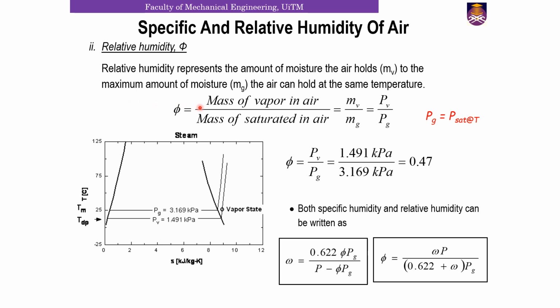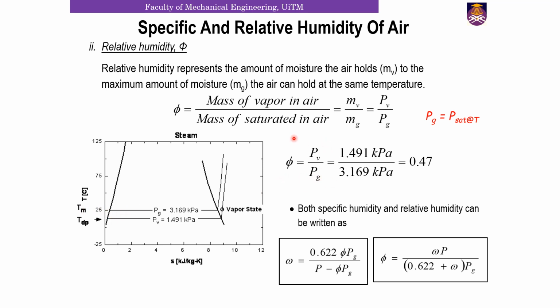So it is the mass of water vapor in air divided by the mass of saturated moisture in air. So that is given based on the definition. You can also calculate it based on the pressure here: the partial pressure of the water vapor and the saturation pressure at a given temperature. As you can see here, we have an example. You have a dew point temperature with a vapor pressure of 1.491, and then the saturation pressure is given for the same temperature as 3.169 kilopascal.